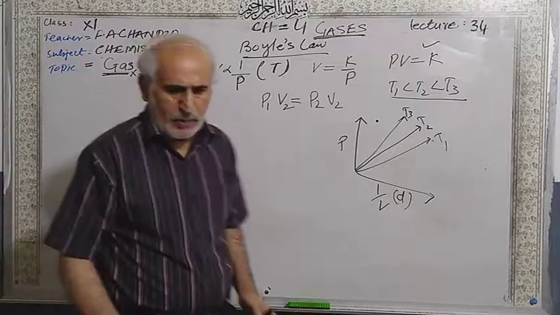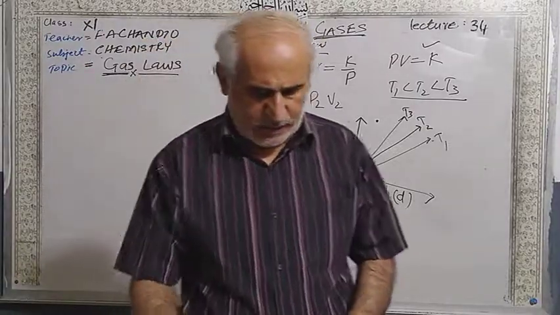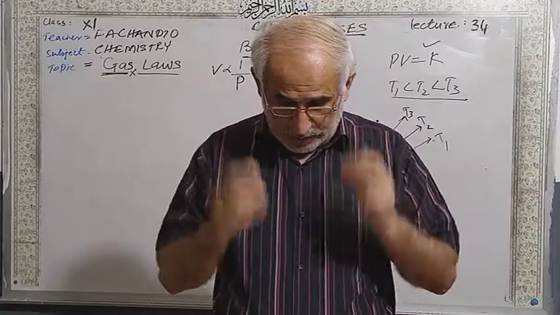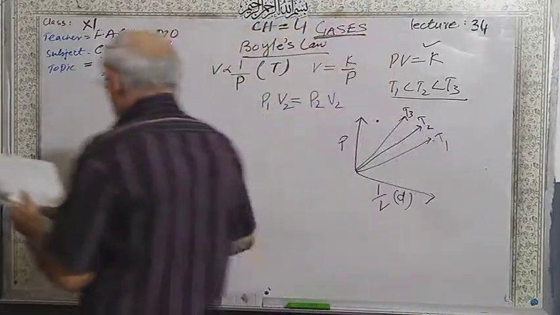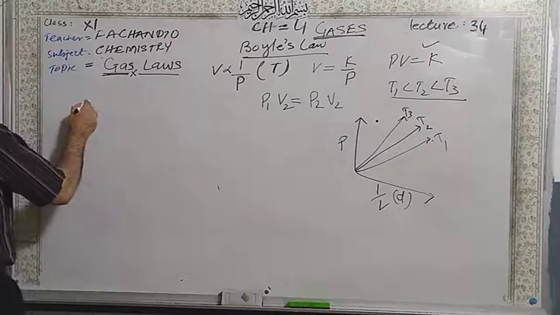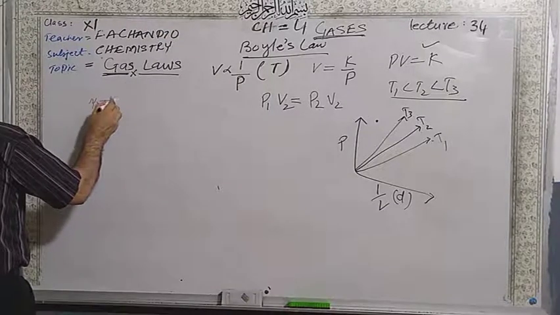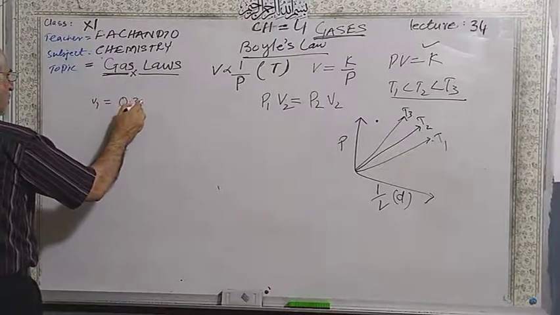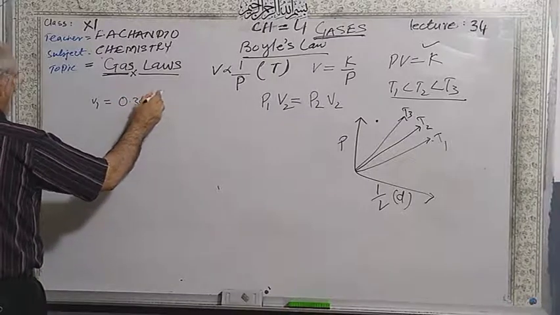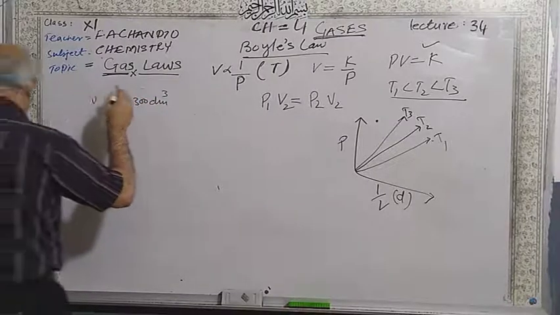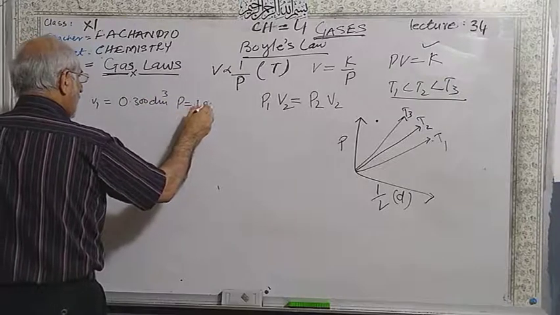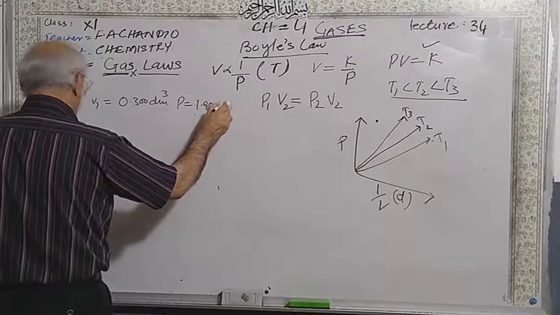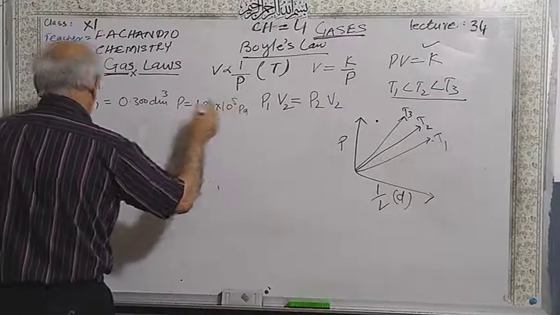Very simple numericals are given here. Suppose you have a volume V1 of about 0.300 decimeter cube and a pressure P1 of 1.80 into 10 raised to the power 5 Pascal.